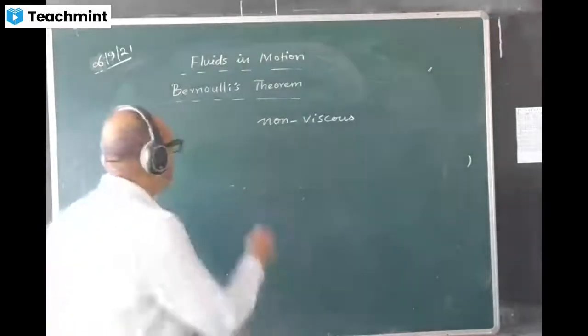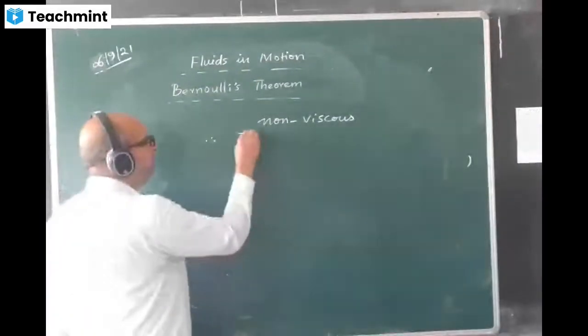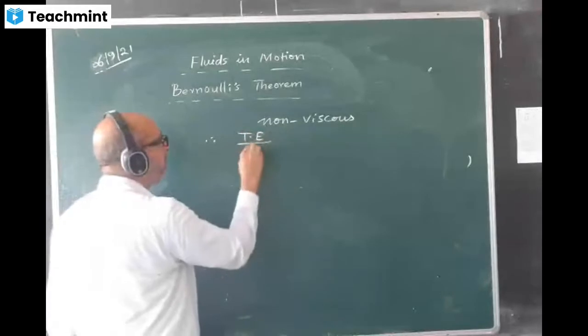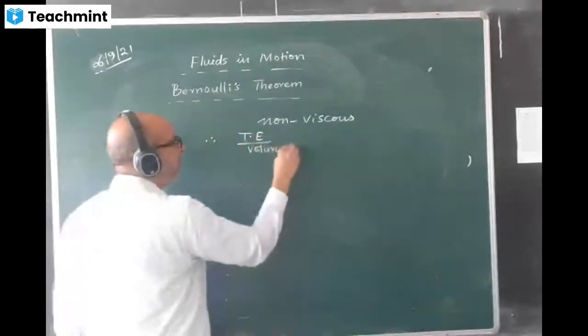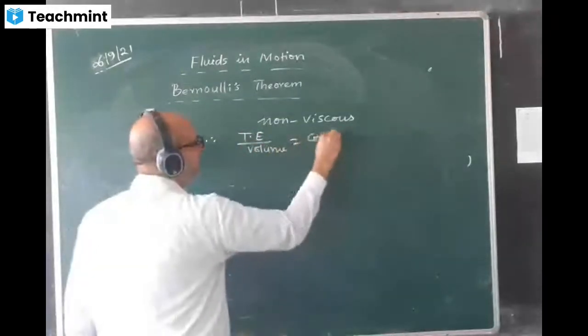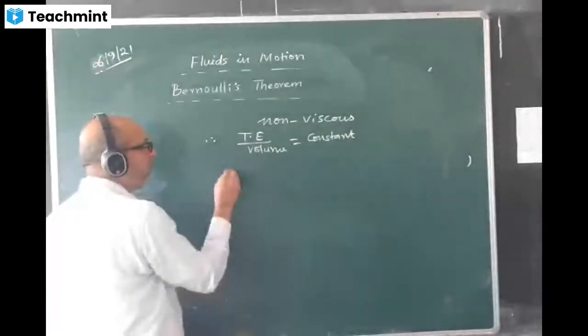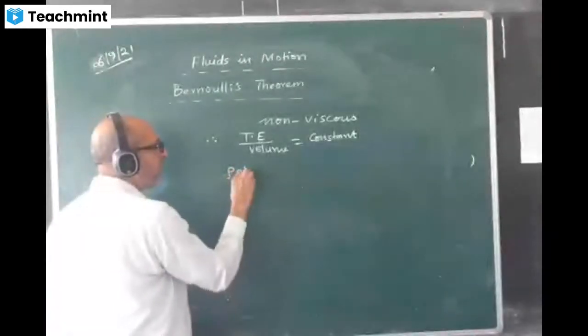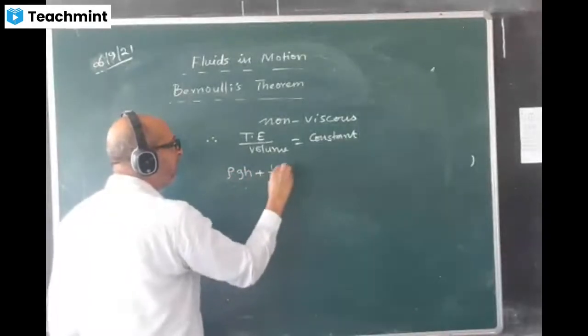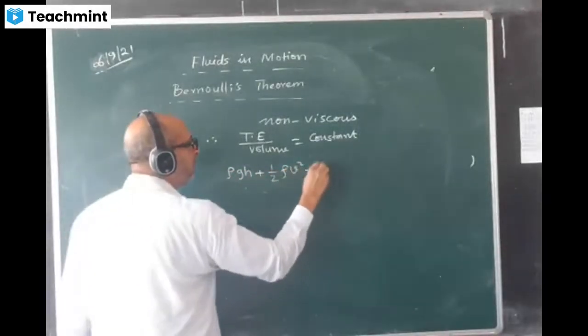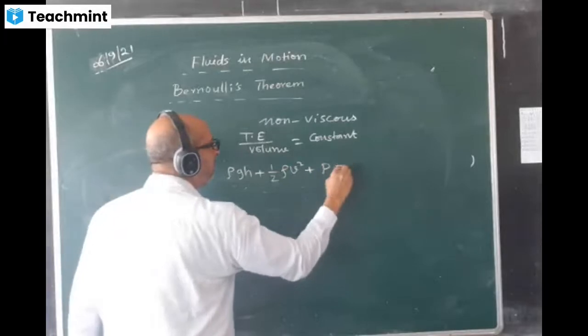Therefore, you write like this: total energy per unit volume is equal to constant. You will be writing: rho gh plus half rho v square plus p equal to constant.